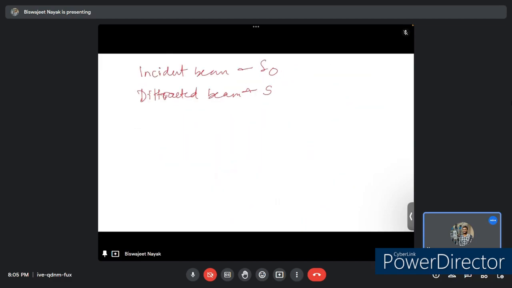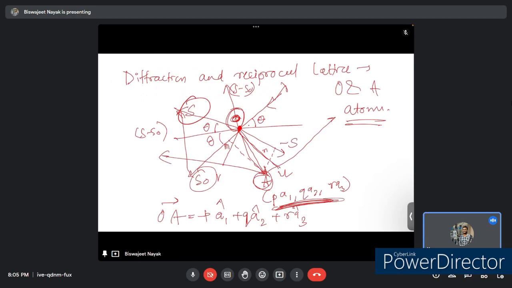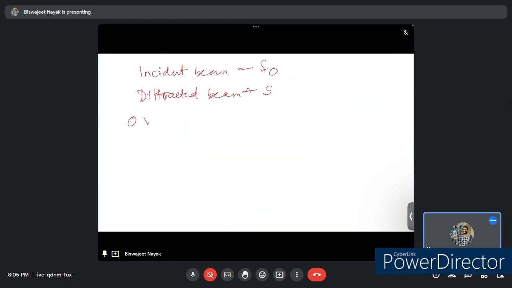That we will also discuss later. So this OU and OV line, they are the wave fronts perpendicular to the incident beam S0.